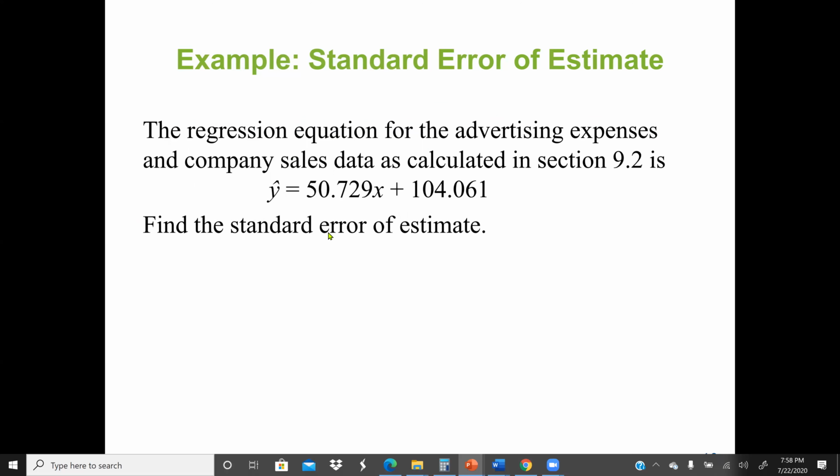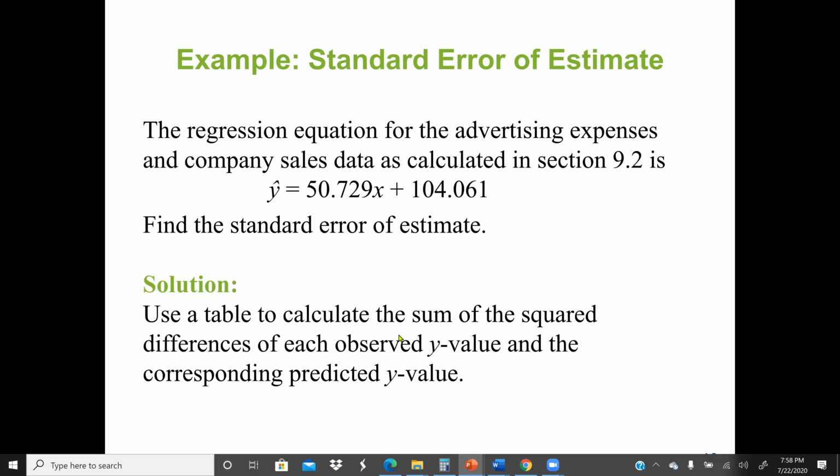So for this example, the good news is that the process is very quick. We don't need to find the slope and also the y-intercept. They give us the regression line already. So if that's the case, we just plug in the value of x from x1 to x8 to find all the predicted values for all the 8 pairs of values.